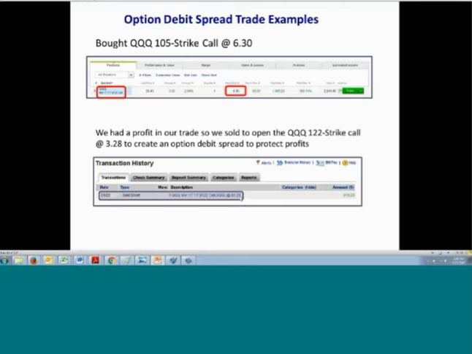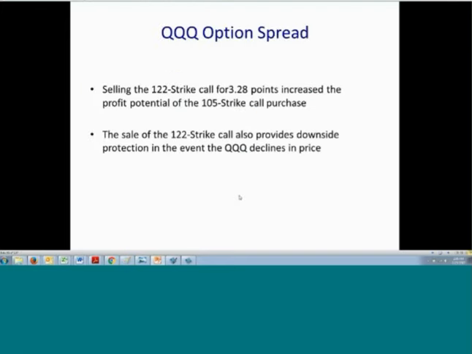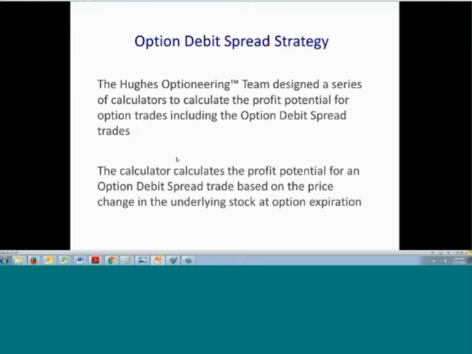So once we sold that 122 strike call at 3:28, that created a debit spread, and that actually increased the profit potential for the 105 strike call purchase, and at the same time provided downside protection in the event the QQQ declines in price. So the optioneering team has designed a series of calculators to calculate the profit potential.